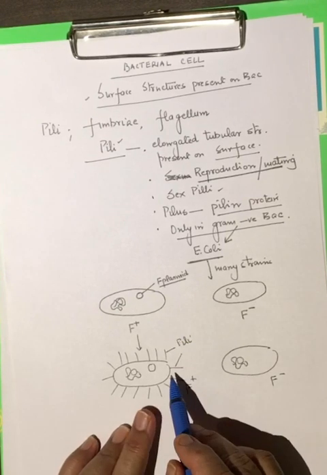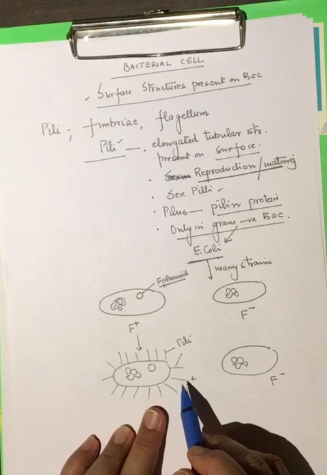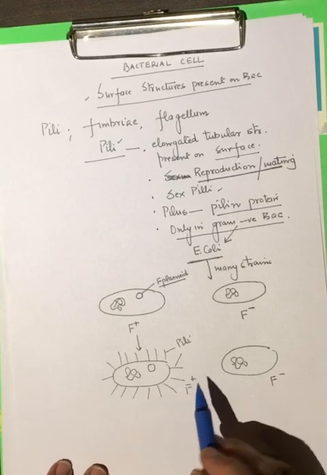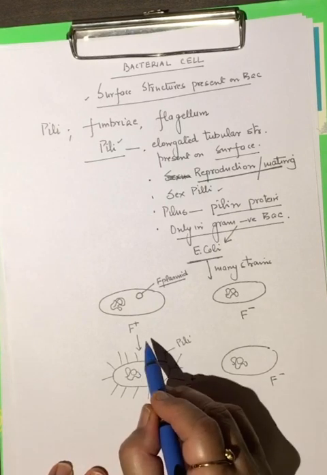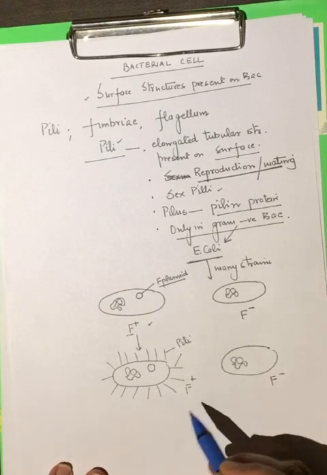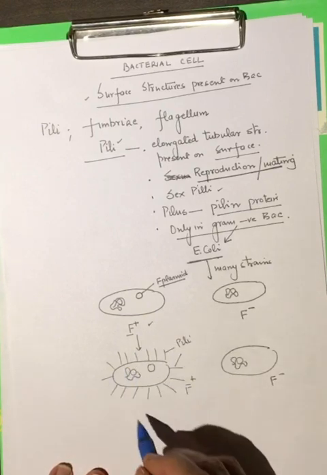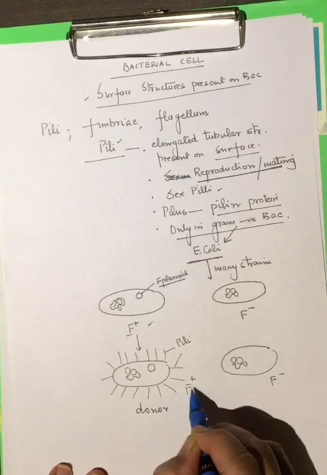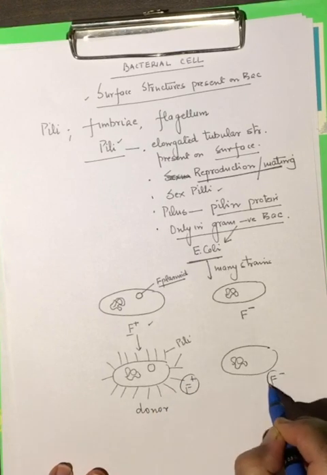These pili help in a primitive type of sexual reproduction. The bacteria which is F plus and has pili behaves as the donor.